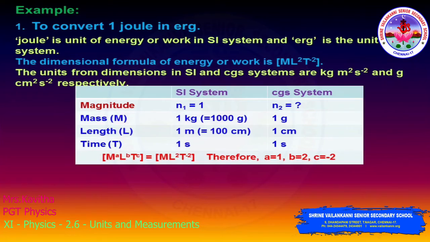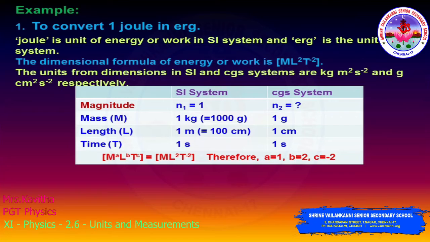The magnitude for the SI unit and the CGS unit are both given. N1 is 1, that is 1 joule, and we only have to find N2, the value equivalent to 1 joule in CGS units.